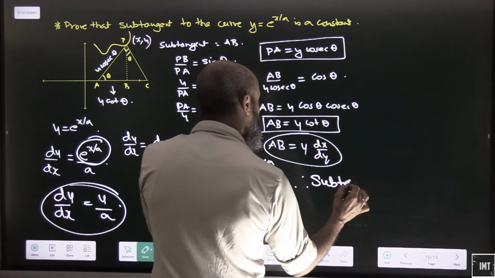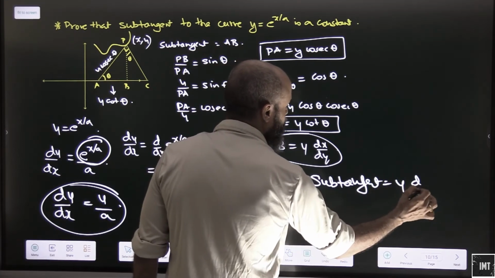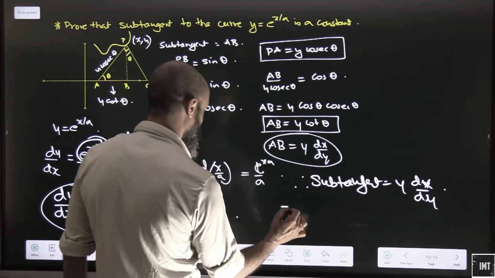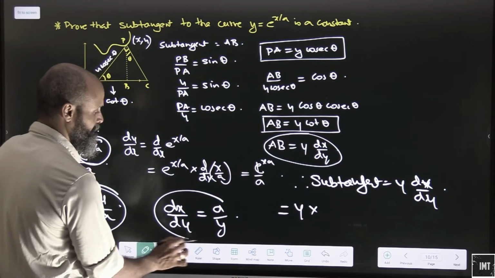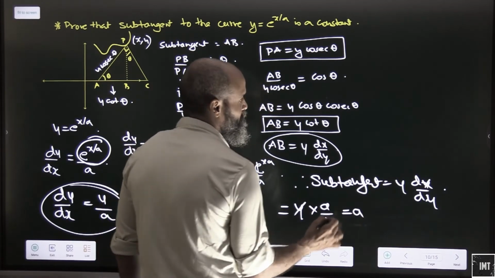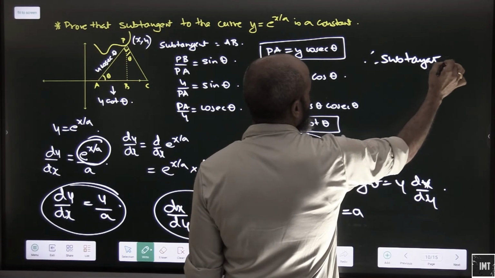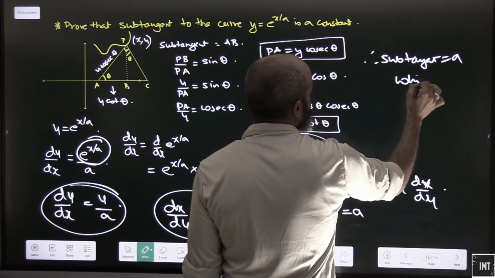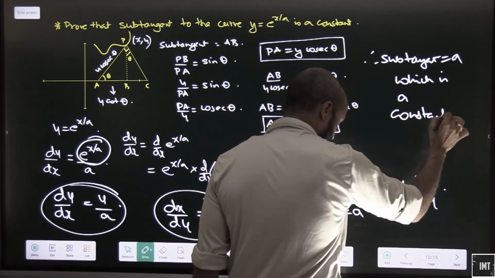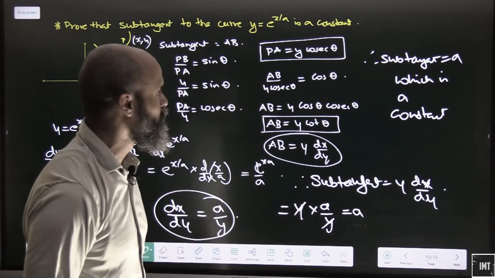Subtangent is equal to y into dx by dy. Here it is coming as a by y. So this will be equal to a. Therefore the subtangent is equal to a, which is a constant. So that's how we are going to solve this.